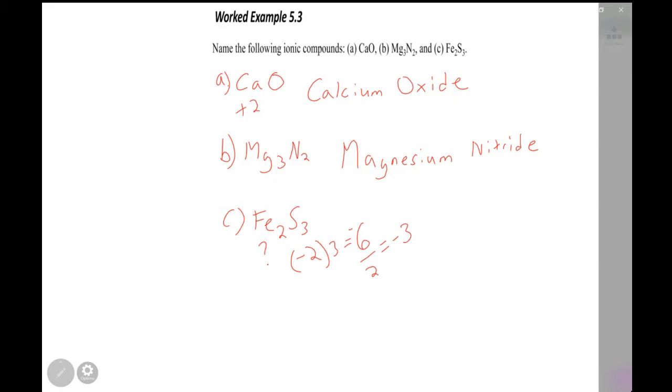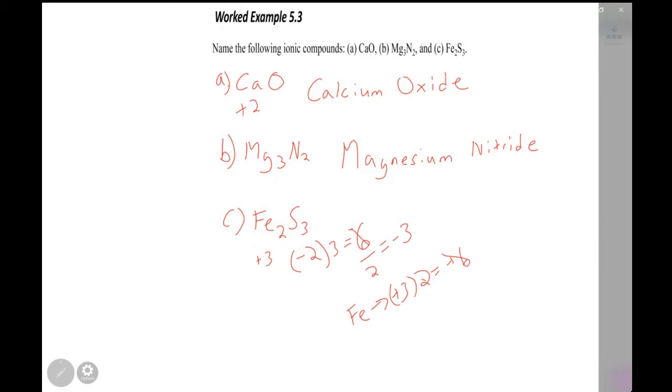That means each iron has to be +3. And then, of course, +3 times 2 will give me +6, which cancels this. So +6 and +6 cancel. So I know that iron has to be +3. Even though I have 2 of them, it's still +3 on its own.